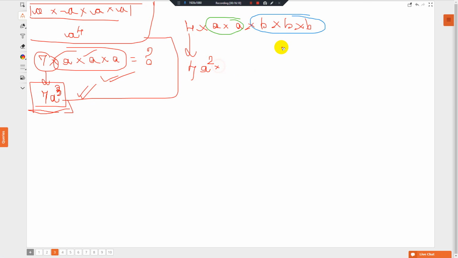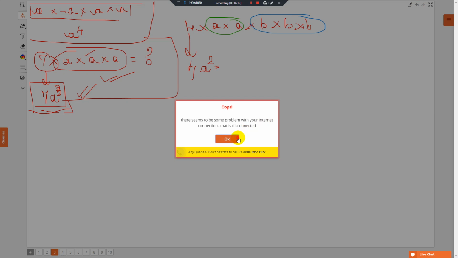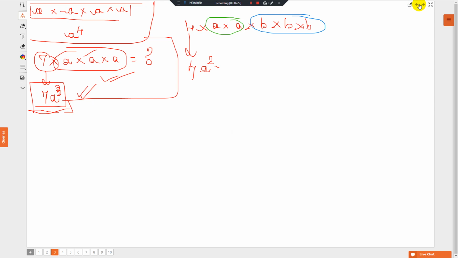Don't put anything in between, leave it like that and go for b. Which letter is used? b. How many times? One, two, three times. So b cubed. See, this is the exponential form of a big product form.